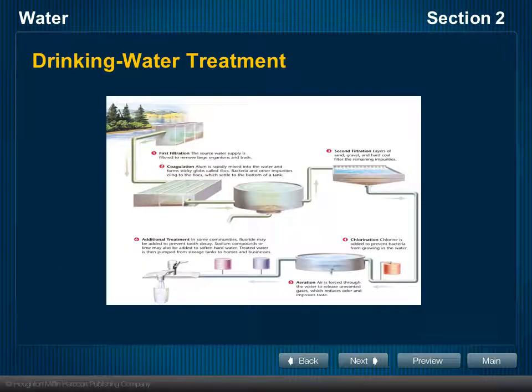This diagram is in your textbook, and I won't spend a lot of time looking at it here, but it shows the different stages of treatment for the water, from filtration to coagulation to more filtration to chlorination to take out the pathogens, and so on and so forth. All of this is happening until that water eventually gets to your faucet.